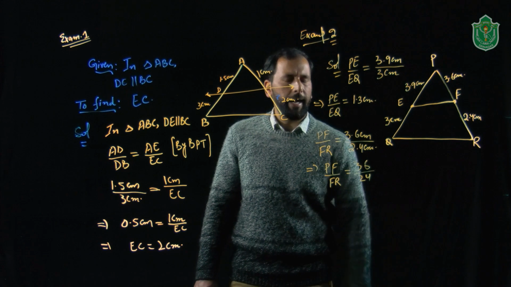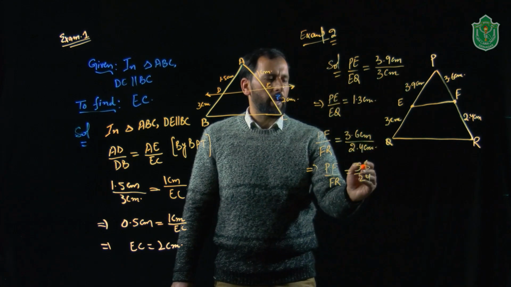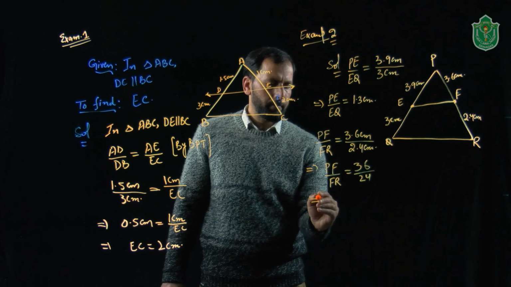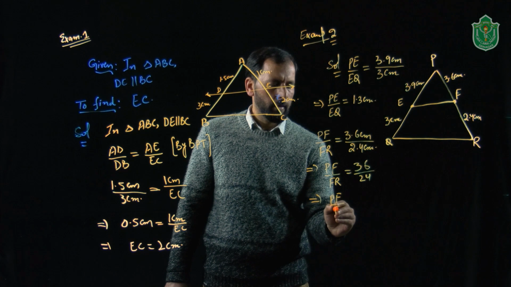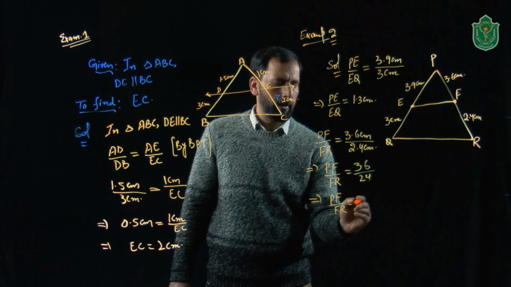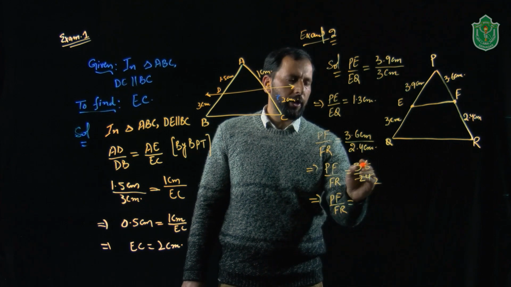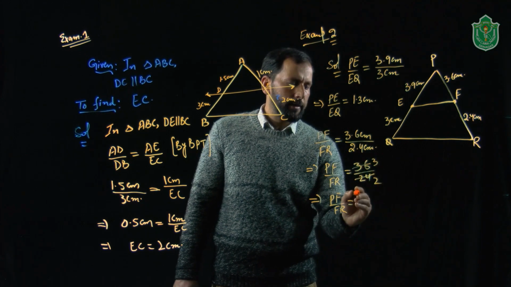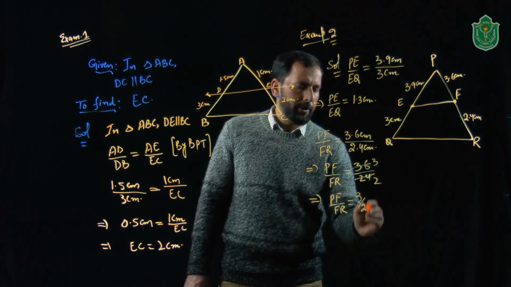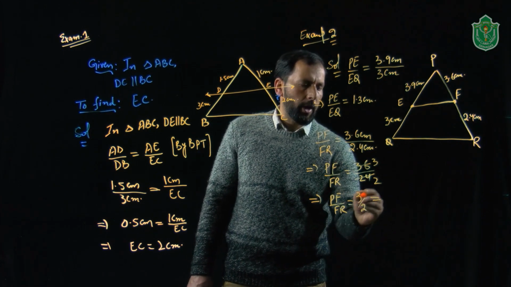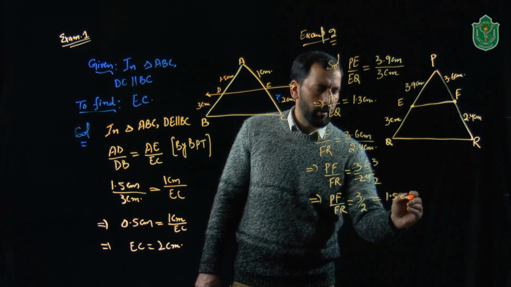Yes, we can write it as 36 upon 24. Whenever we cancel out, here cancellation is possible, that is 12 twos are 24 and 12 threes are 36. We get 3 upon 2. So when we divide 3 upon 2, we get 1.5.